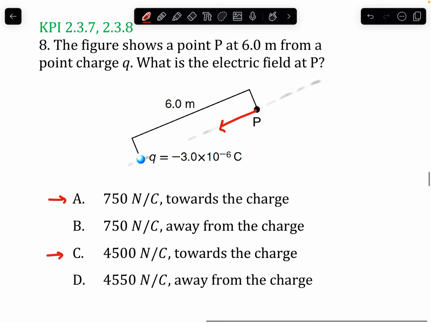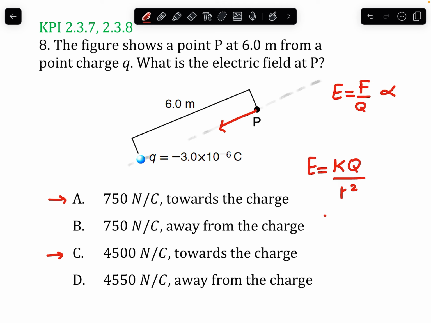So let's consider this one. Now let me find it by applying the other equation. E equals KQ over R squared. Now the first one will not help me.